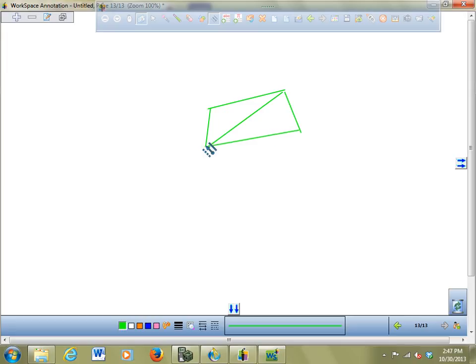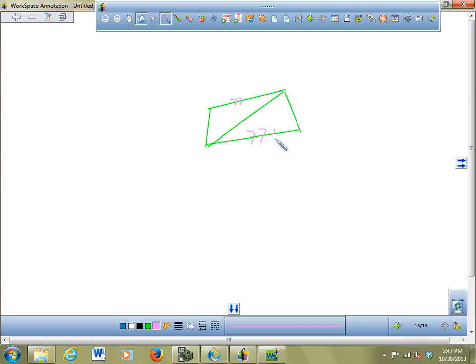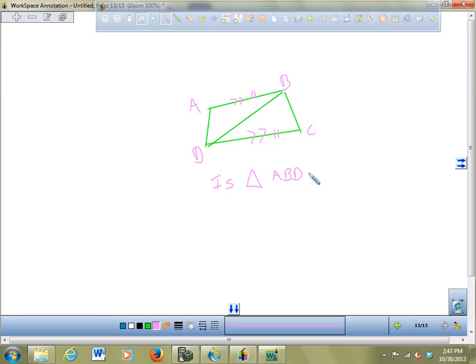And all I'm going to say is this and this are parallel, and they're also congruent. Okay? A, B, C, D. And they will say something like, is triangle A, B, D congruent to triangle C, D, B? What do you think?